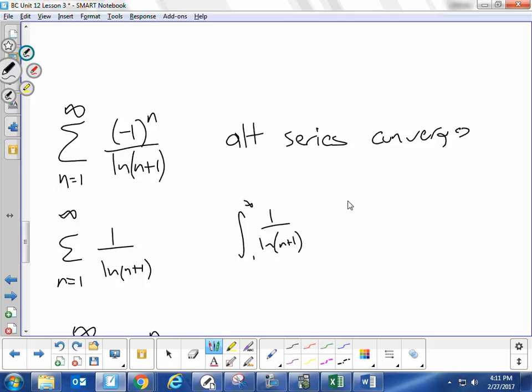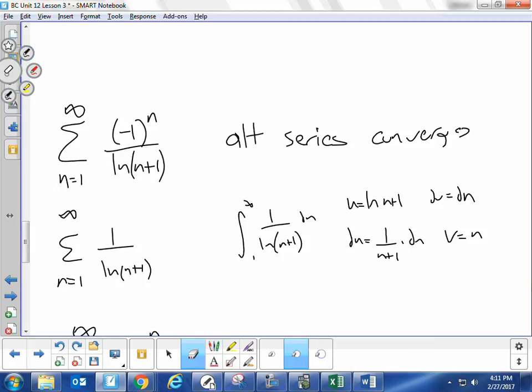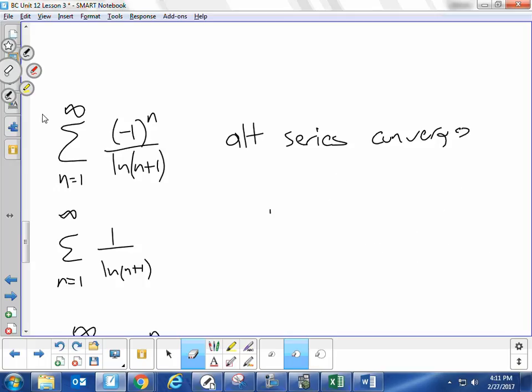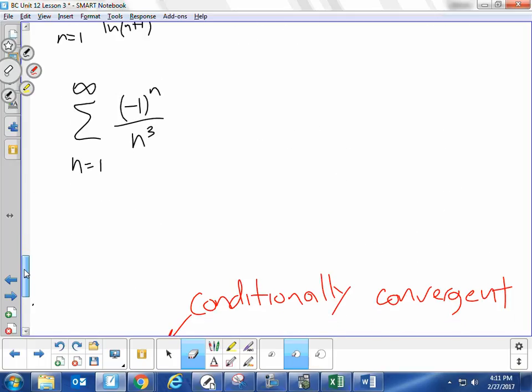I think I have to set u equal to ln(n plus 1) and dv equal to dn. du is equal to 1 over n plus 1 times dn. v is equal to n. Ugh. That's gross. Let's not worry about that one. Just know that it diverges. It probably is conditionally convergent.